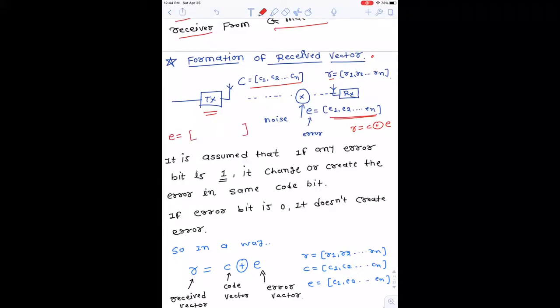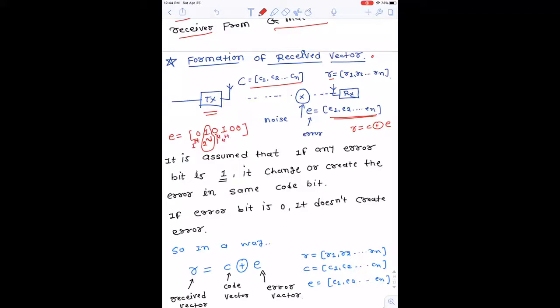So if the error vector is randomly created as 0, 1, 0, 1, 0, 0, it means the first bit of your code vector has no error because it is 0. The second bit is 1, so there would be an error. The third bit of the error vector is 0, so it will not produce an error.